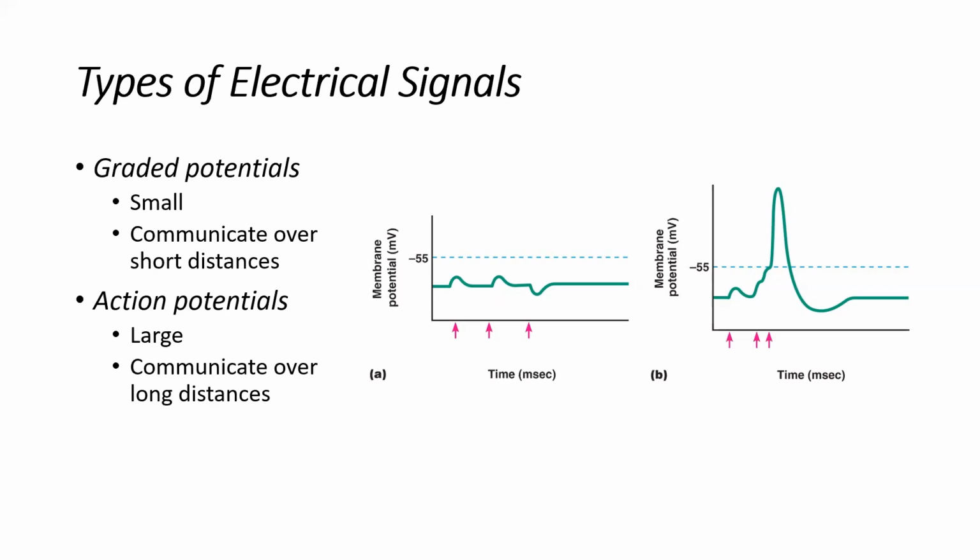So the general difference is that graded potentials are a small change in the membrane potential that does not reach the threshold value, and I'll talk about this threshold in a bit, whereas an action potential is larger, sustained, more meaningful, goes beyond this threshold value, and is able to travel a long distance.